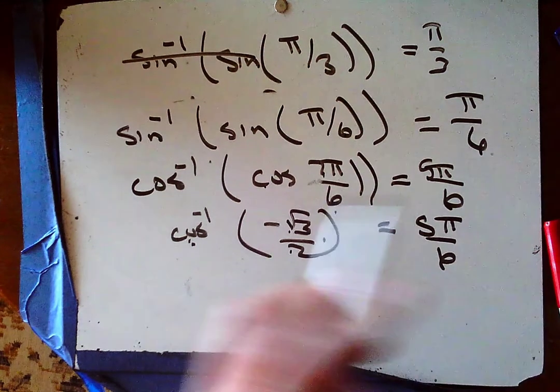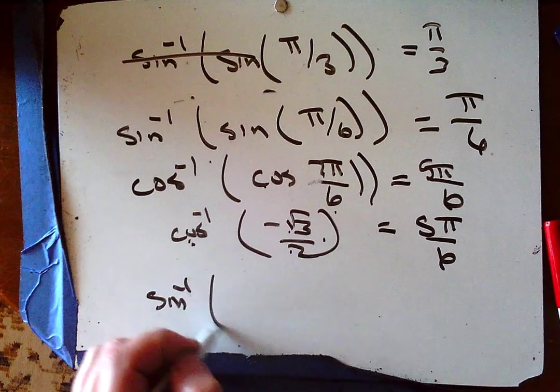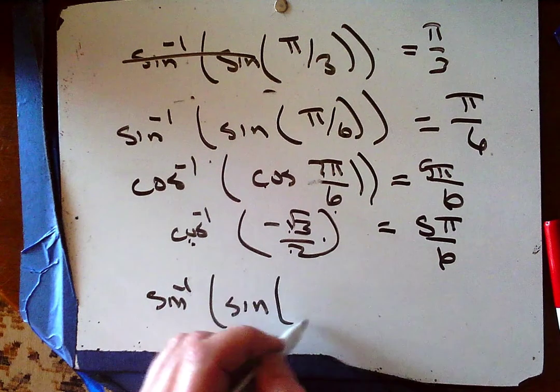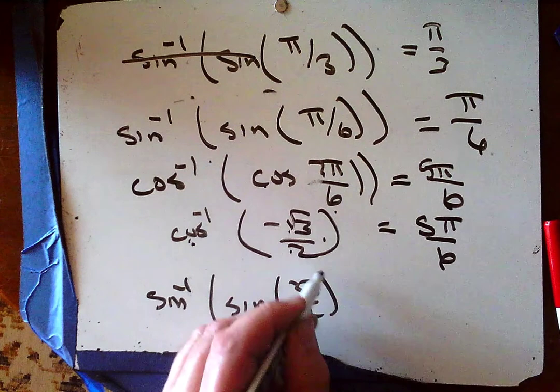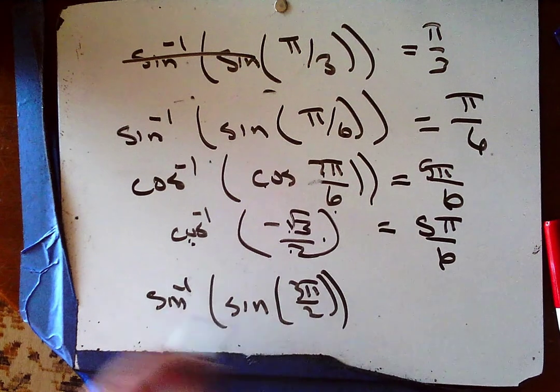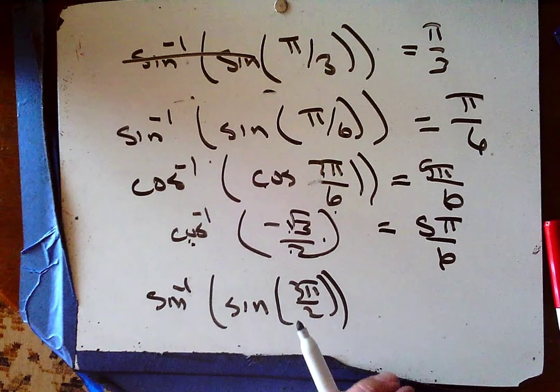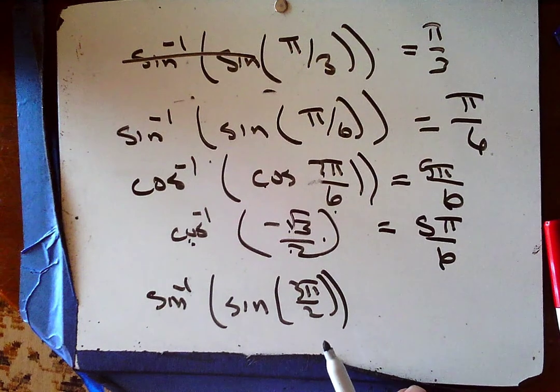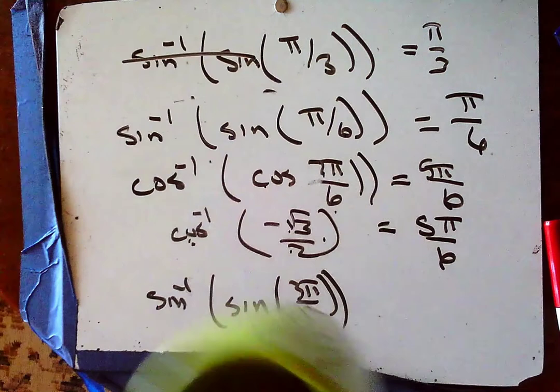And likewise, if I saw something like sine inverse of sine of 3 pi over 2, I can't just cancel these out. The answer is not going to be 3 pi over 2.